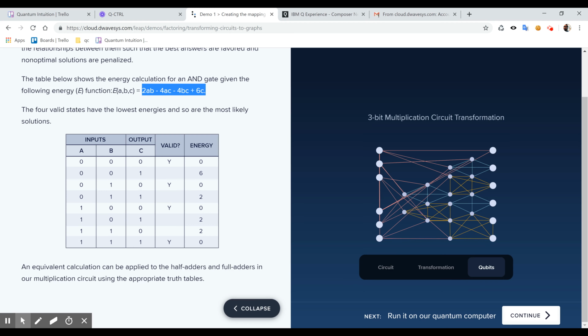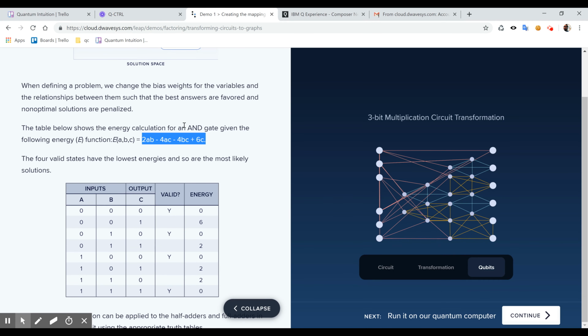An equivalent calculation can be applied to the half adder and full adder in orbital. So you basically come up with an energy equation that encodes the logic in a way that the lowest energy points are the ones you want to get at, right?